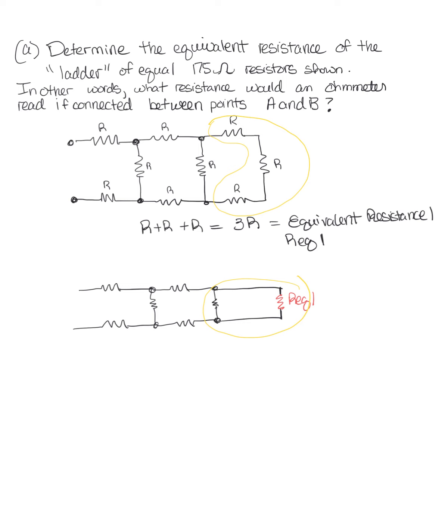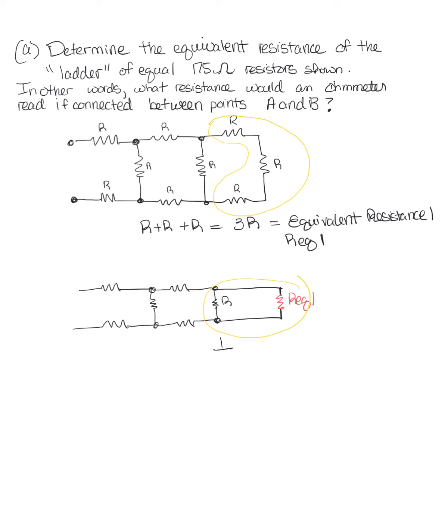All right, so now these are in parallel. If I had current flowing along here, it could go this way or that way. It has choices, and so this is what we would call parallel. When you're adding in parallel, you're going to be adding the reciprocals.